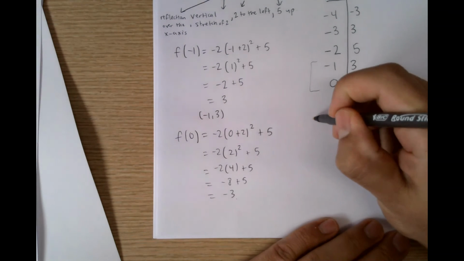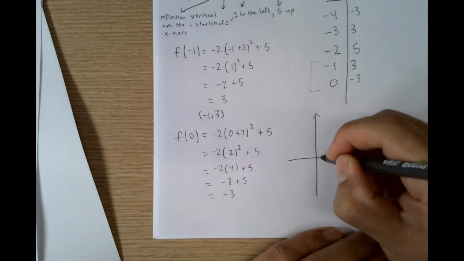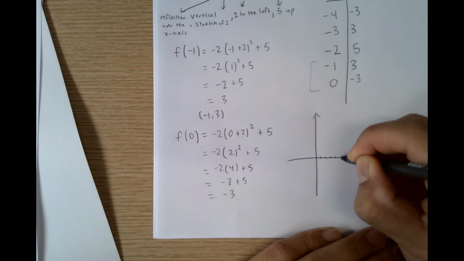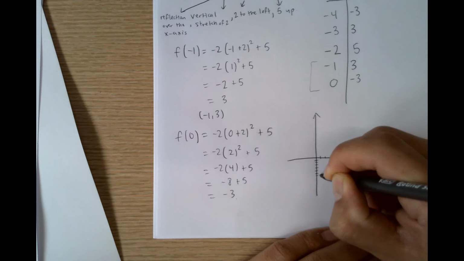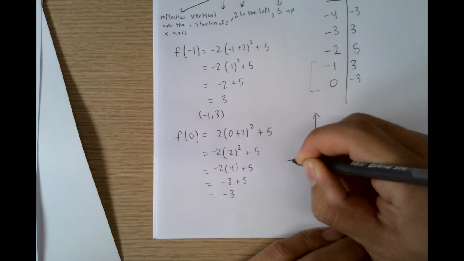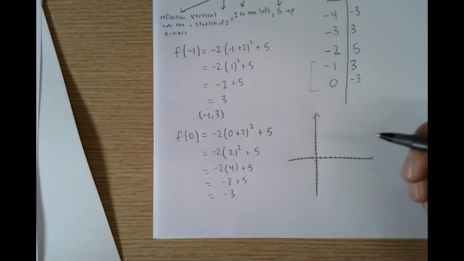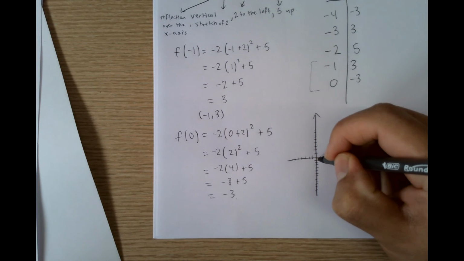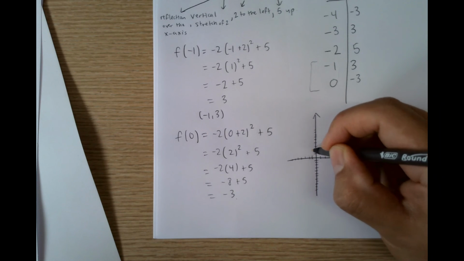I'm just going to go ahead and sketch a graph here. The first point that I can plot is my vertex, which is -2, 5. So I go 2 to the left, 5 up: 1, 2, 3, 4, 5.